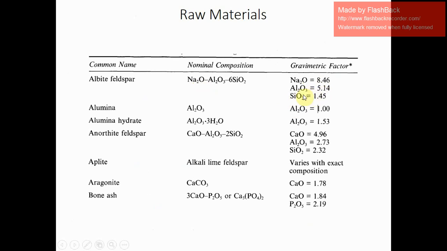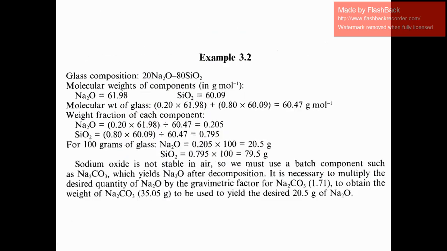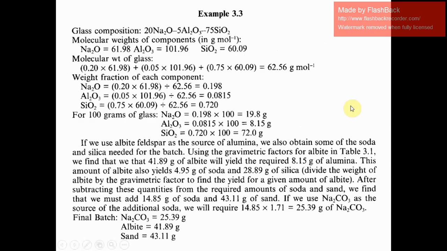So soda is, I think, sufficient from this raw material. We also obtain some of the soda and silica needed for the batch. Using the gravimetric factor for Albite in table 3.1, we found that 41.89 gram of Albite will yield the required 8.15 gram of alumina.